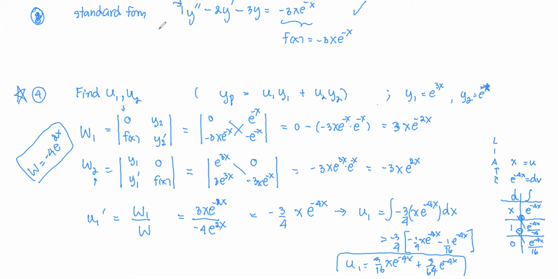All right, next one. We're going to find u2 by using u2 prime, which is w2 over w. And what is w2? w2 is negative 3x e to the 2x.